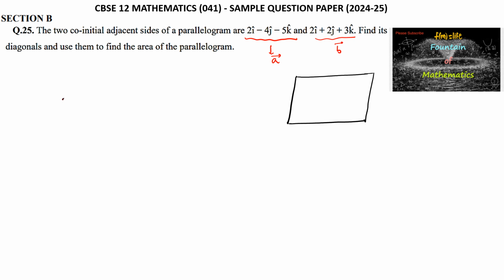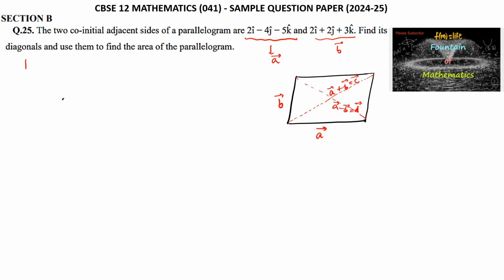Let's say the adjacent sides are the vectors A and B. Then the diagonals can be considered to be vector A plus vector B as one diagonal, let's consider to be vector C, and another diagonal vector A minus vector B.